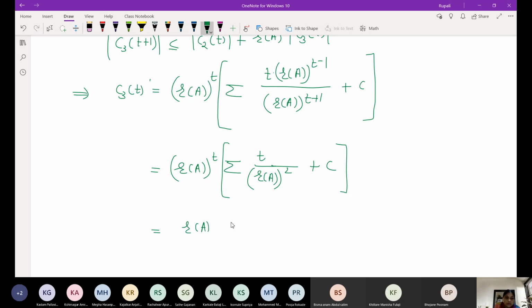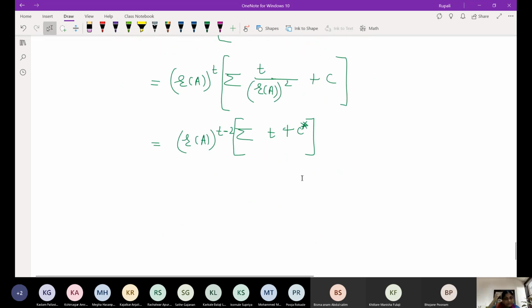Now r of a raised to t summation t, I can write as, I have taken r of a raised to 2 outside, so it will be r of a raised to t minus 2 summation t plus c star, again you can say some constant, because I am taking it outside. Is that okay?